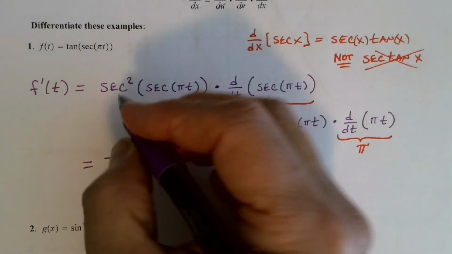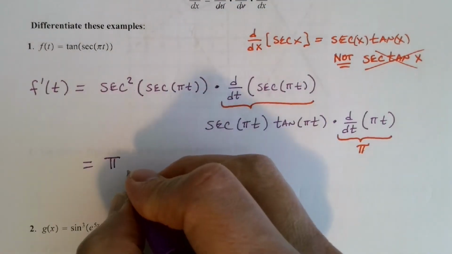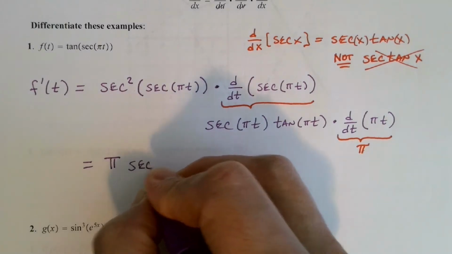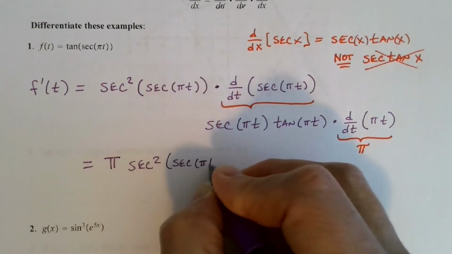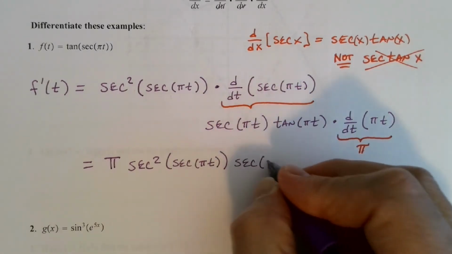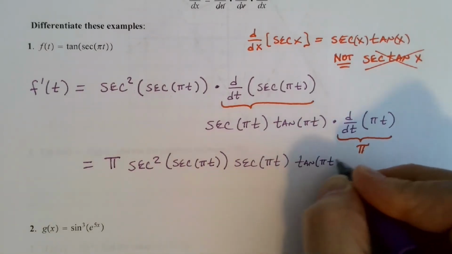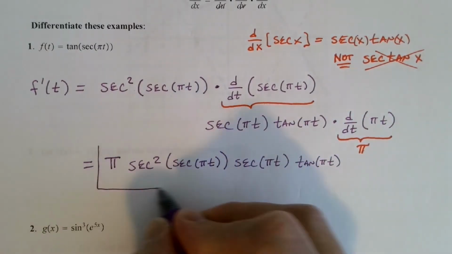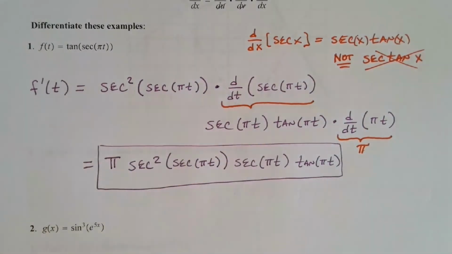In other words, it's really secant of this and then square everything. So I have to leave it that way, right? This is secant squared of secant pi t and then times secant pi t tangent pi t. And there's our result.